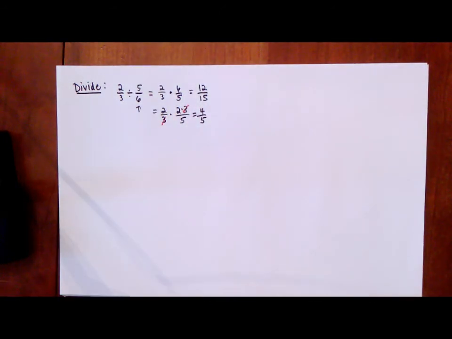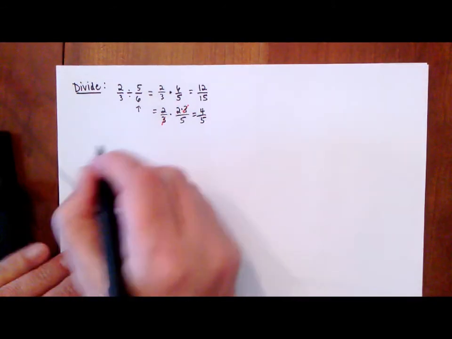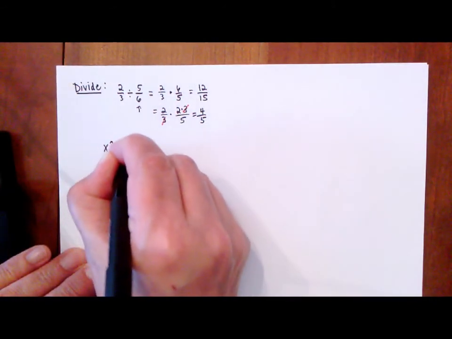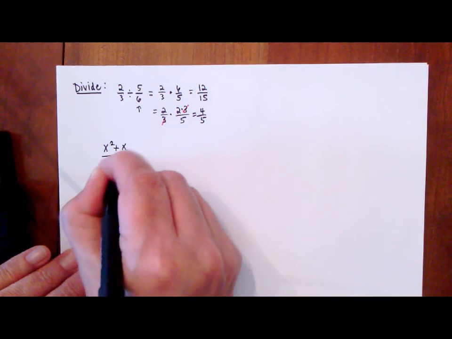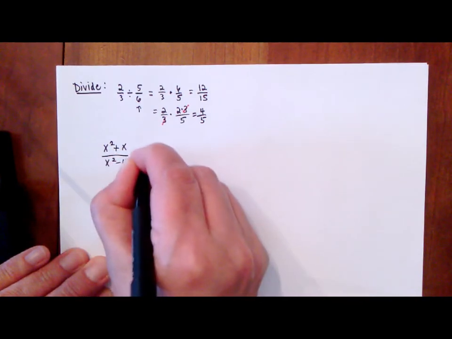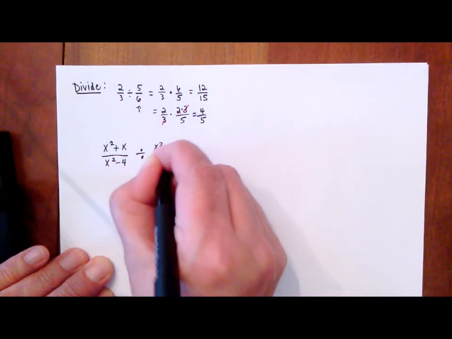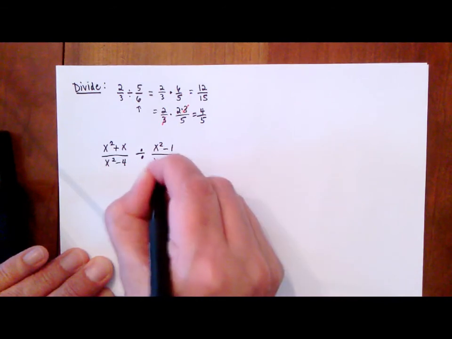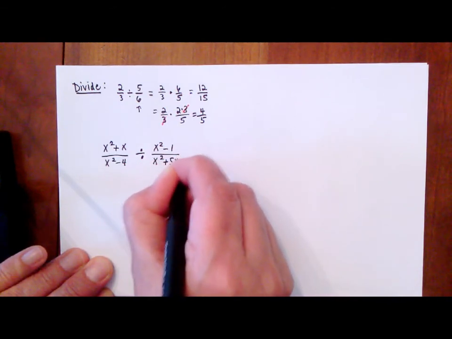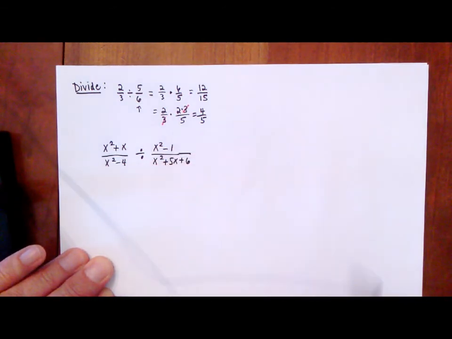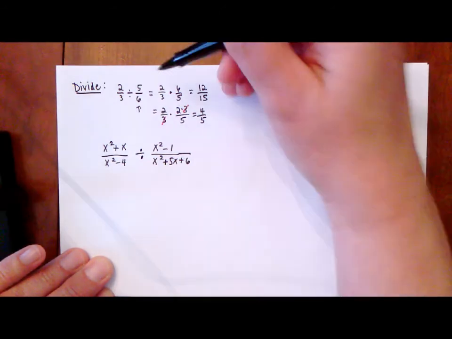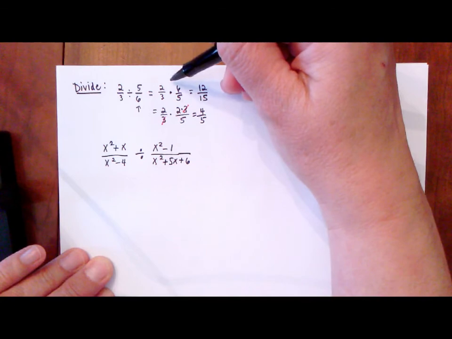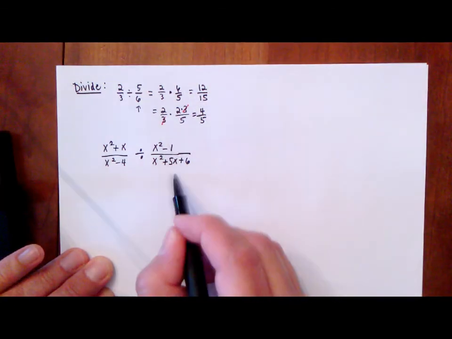So we're going to do something analogous here with our algebraic fraction example. Okay, so as before, the very first thing we're going to do is change this into a multiplication problem. We're going to multiply by the reciprocal of the divisor.